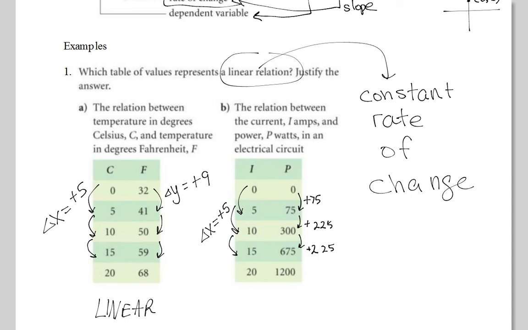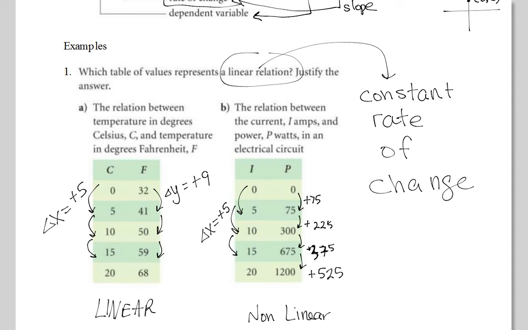Oh, sorry, I can't even add. 375? Yeah, 375. And then what? 25 gets you to 7, so 525. So this one was nonlinear. Why is it nonlinear? Because, well, x is going up by 5. It's constant change in x, but it's not constant change in y.